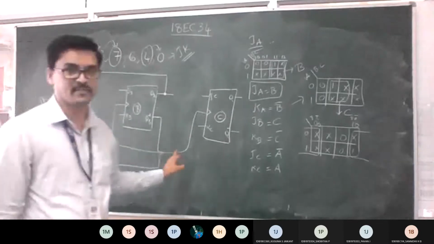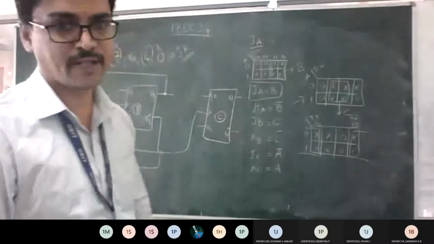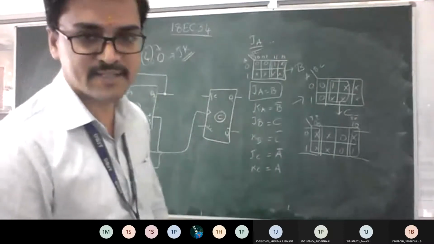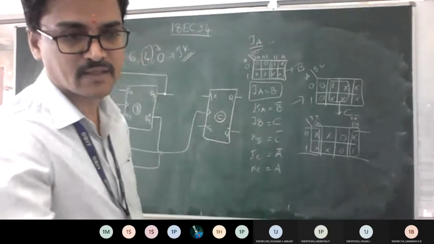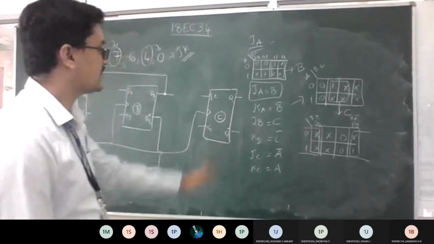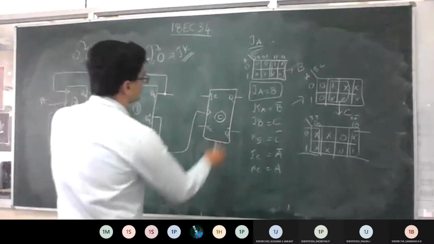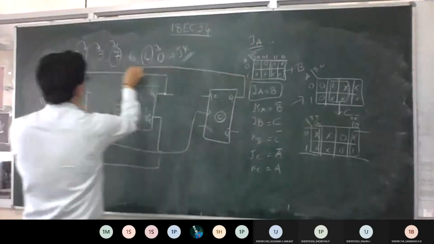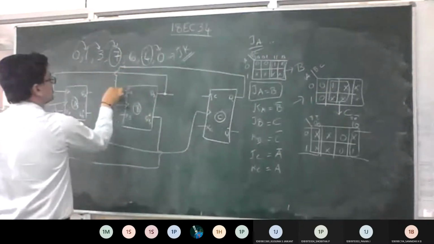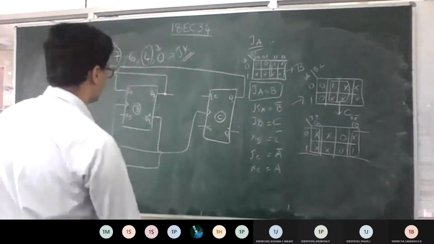See, this jump is important. Don't connect directly. Put a jump wherever you get a crossover. Is it fine? Understanding here how to design the things? Everyone? Yes, sir. Okay, good. Go with next. JB is C. So JB is here. So C is here. You can connect that here. JB. Next. KB is C bar.